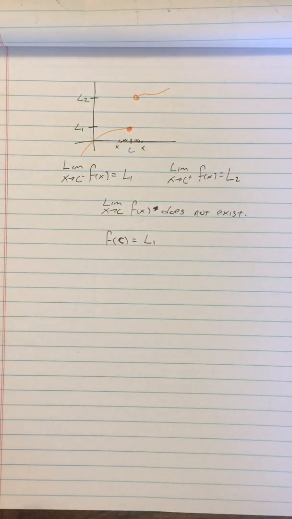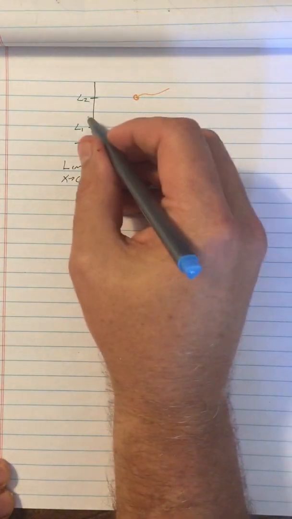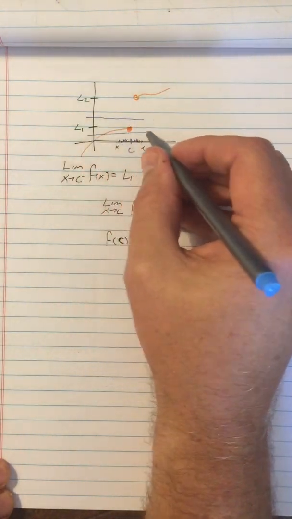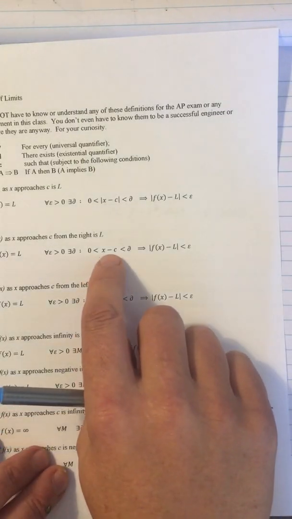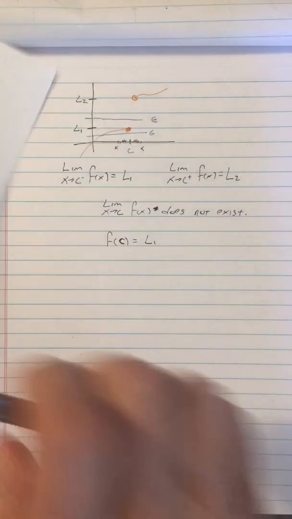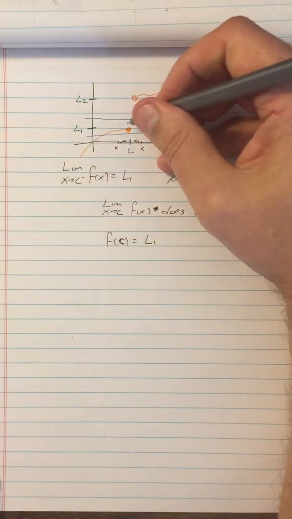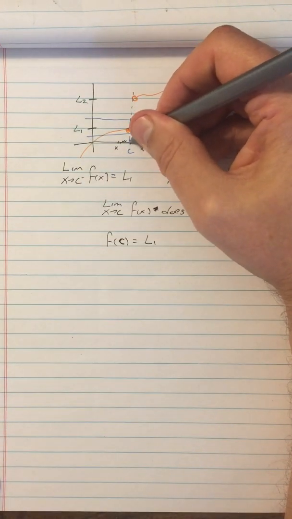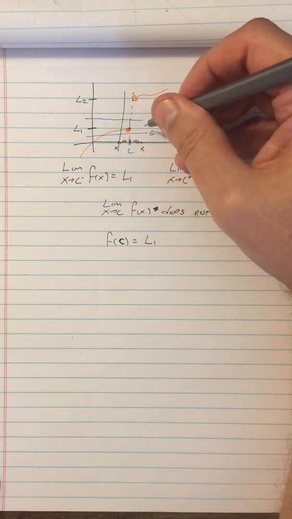So what happens now is when you go to look at your epsilon band, let's just look at limit as x approaches c from the left. What this statement does by saying it's not an absolute value anymore means we're only going to look at a delta band that does not include c, but does include the left of c, but not the right of c.